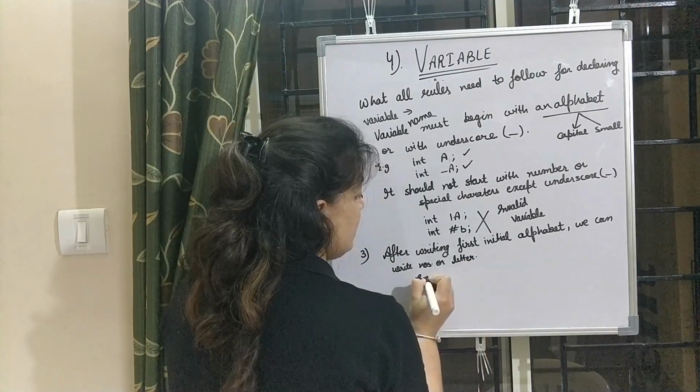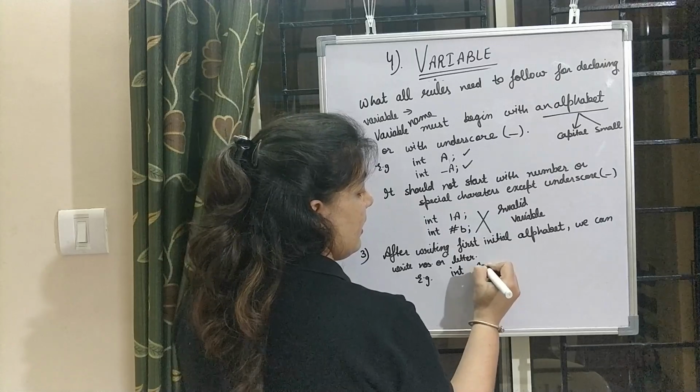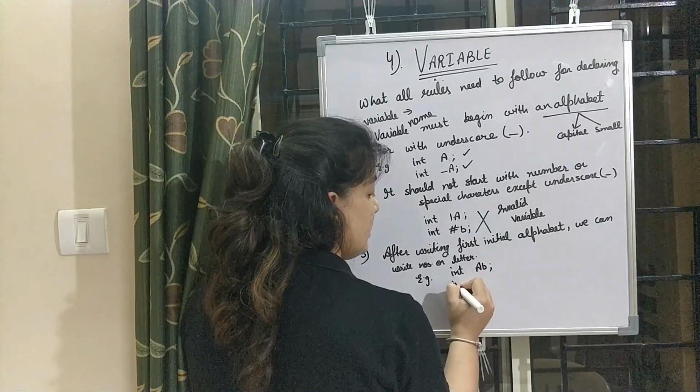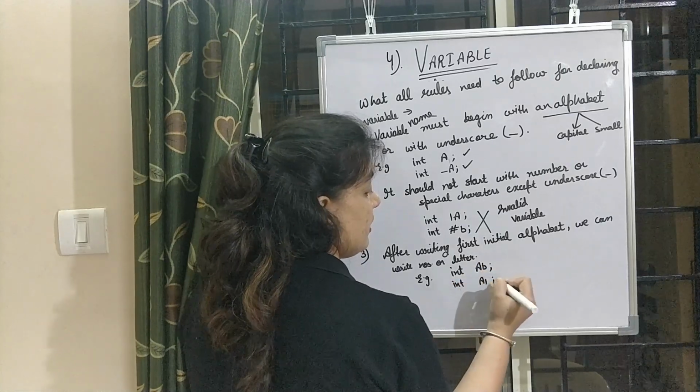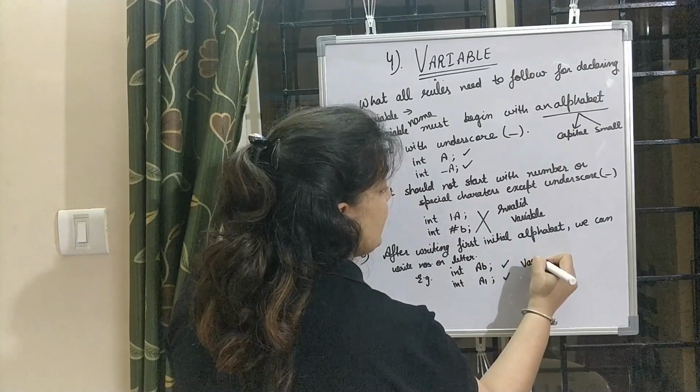For example, if I take int a, b, or int a1, these are valid variable declarations.